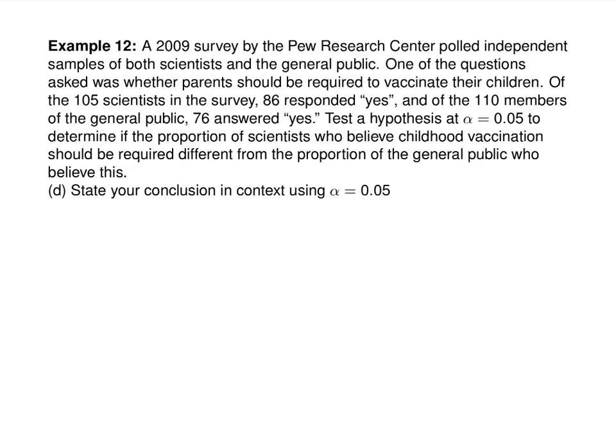Finally, state your conclusion in context using alpha equals 0.05. So in this case, we reject H naught in favor of HA. And so we conclude that the proportions are different.